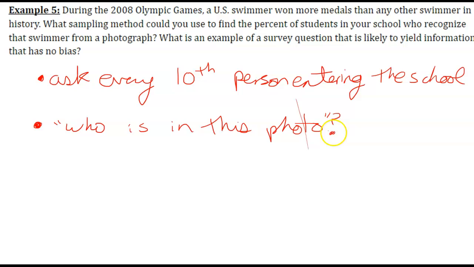If we ask them that, that will likely have no bias, because then the interviewer will get to see if they actually knew who the person was or not. It's not dependent on what they say, or on if they think they know.